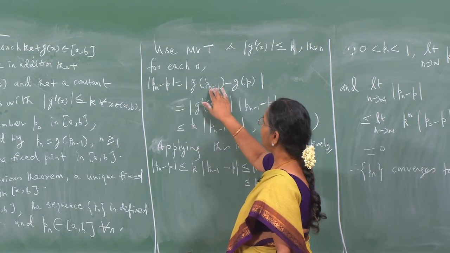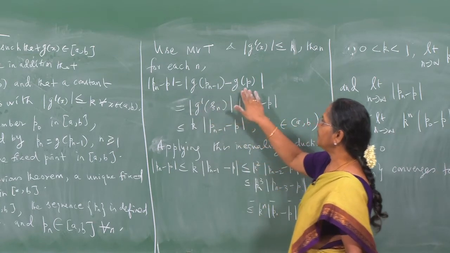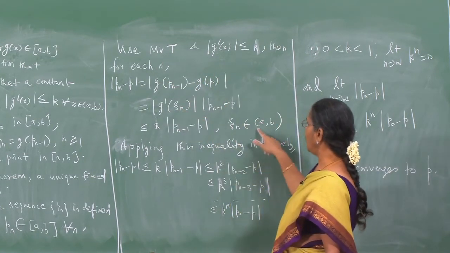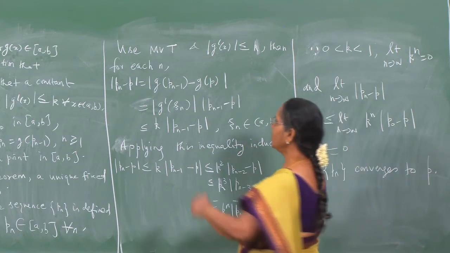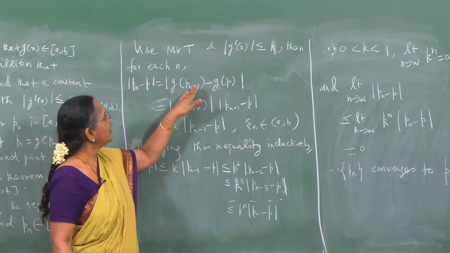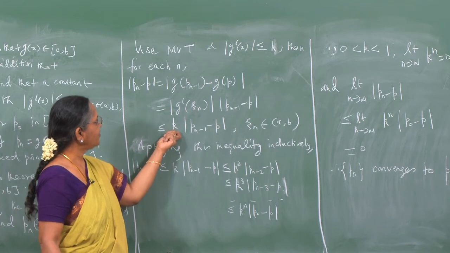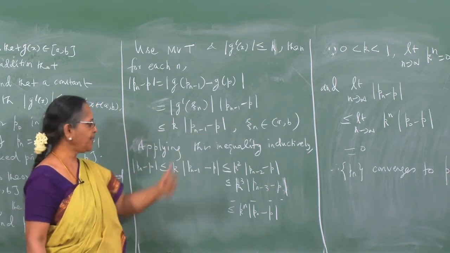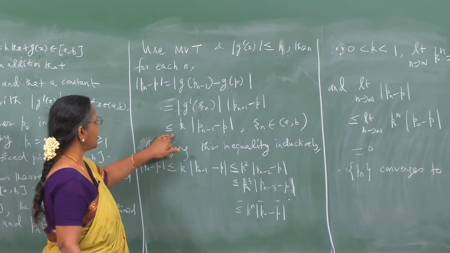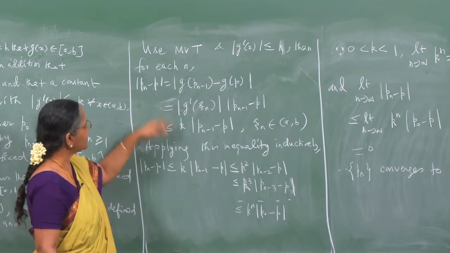Pn is g of Pn minus 1, P is g of P. So, mod Pn minus P is mod g of Pn minus 1 minus g of P. By the mean value theorem, there exists a psi n belonging to the open interval (a, b) such that modulus of g of Pn minus 1 minus g of P is modulus of g dash of psi n into mod Pn minus 1 minus P. But this is less than or equal to k times mod Pn minus 1 minus P. So, I have now shown that mod Pn minus P is less than or equal to k into mod Pn minus 1 minus P.